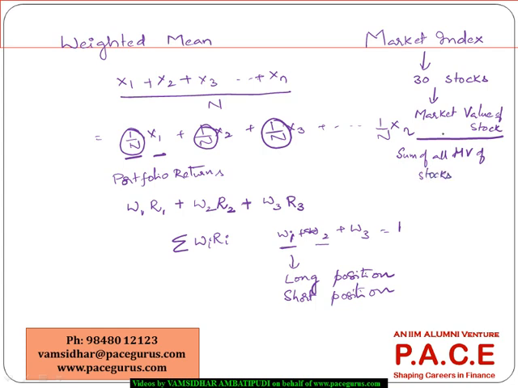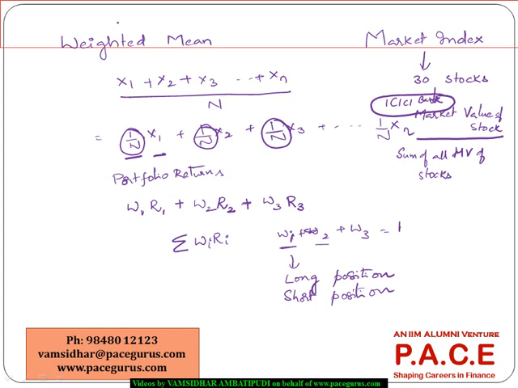So if I say ICICI Bank is included as a part of the Sensex, then the market value of ICICI Bank divided by the market value of all the 30 companies which are included as a part of the Sensex. So that is the weightage that will be given to ICICI Bank as a part of the computation of the Sensex. So that is how the market index, the Sensex, which we are using, the data that we are using right now, that itself is a weighted mean computation.